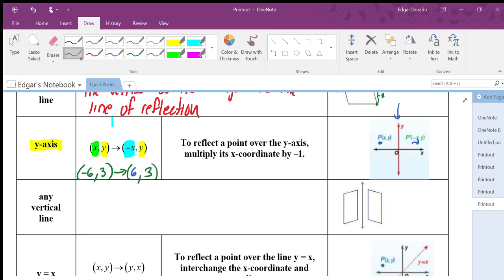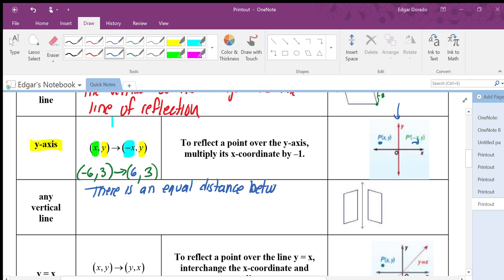For any vertical line, not just the y-axis lines, we're going to have a certain condition. So the condition for any vertical line is an equal distance between any of the vertices of the images and the line of reflection.